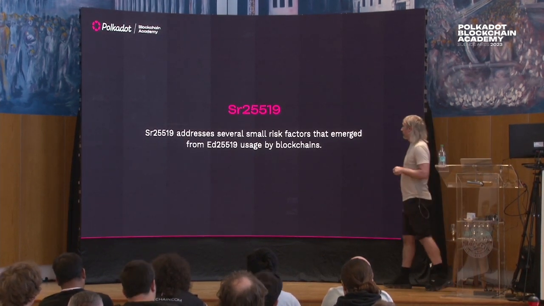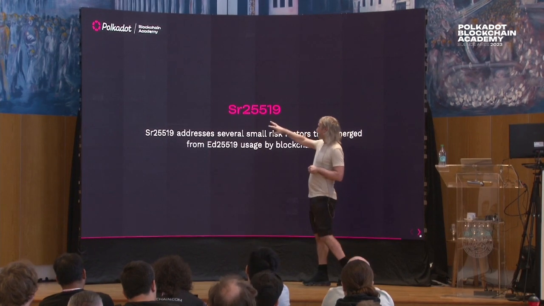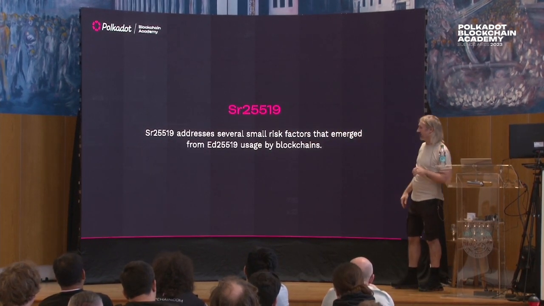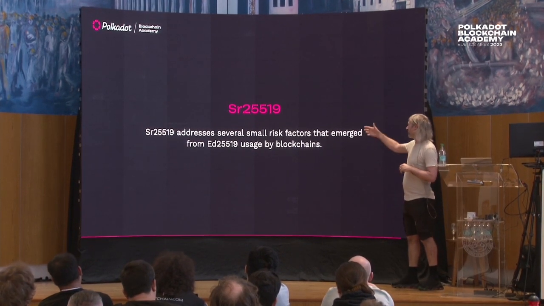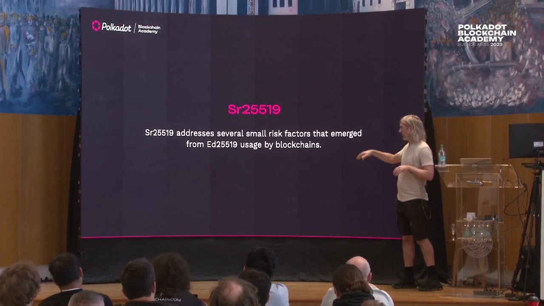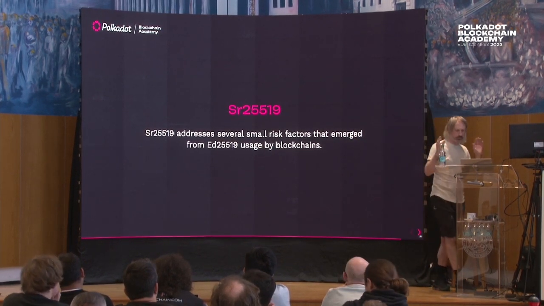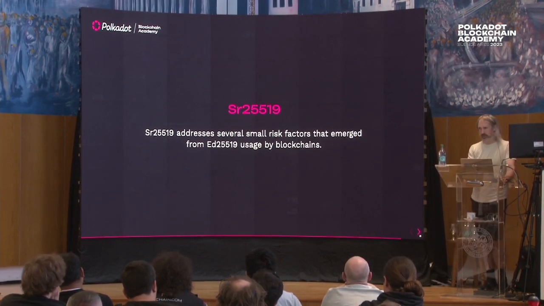Sr25519 is the Schnorr Ristretto. That's what the R stands for. It's a slightly tweaked version of Ed25519. It removes some relatively minor but still present risk factors and makes it more useful for certain features that we want to use.